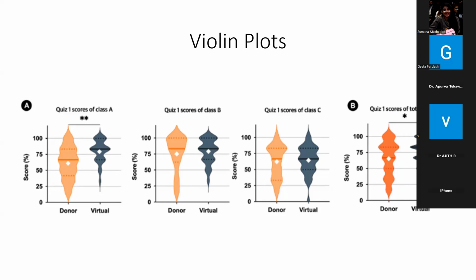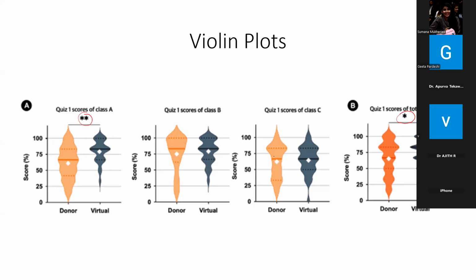The dot is the mean and the horizontal line is the median. When you compare these with the test of significance, these star marks tell you about the significance. A single star tells you that p is less than 0.05 and the triple star is less than 0.001.